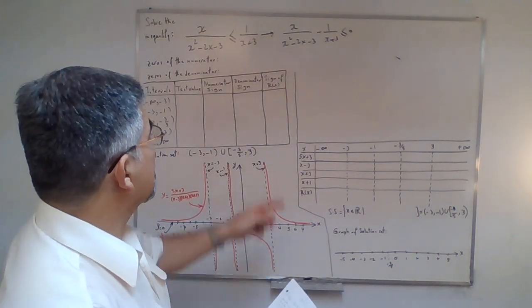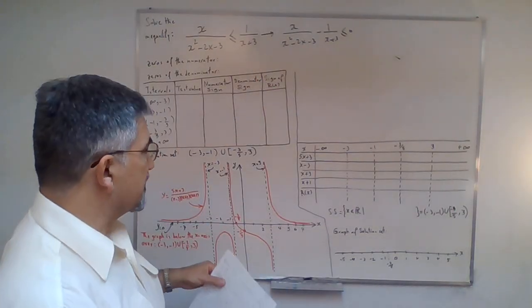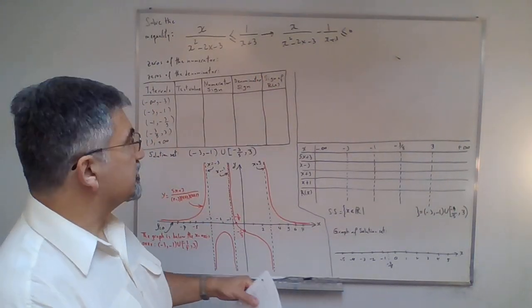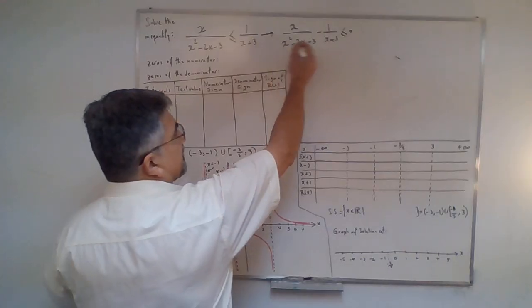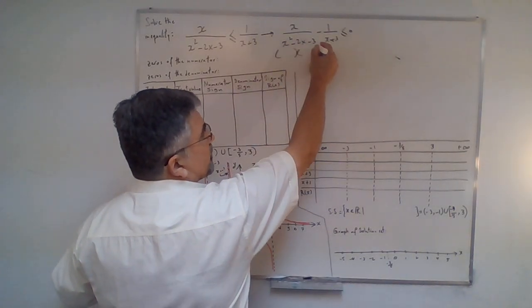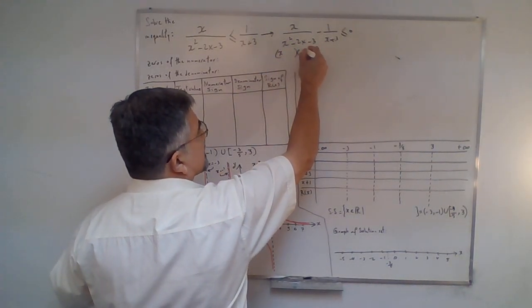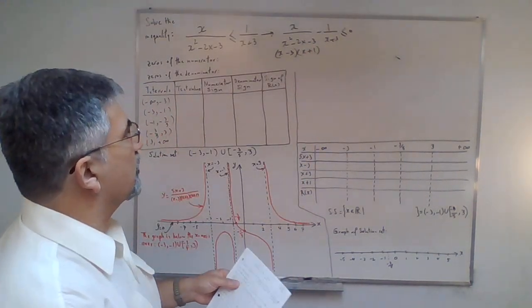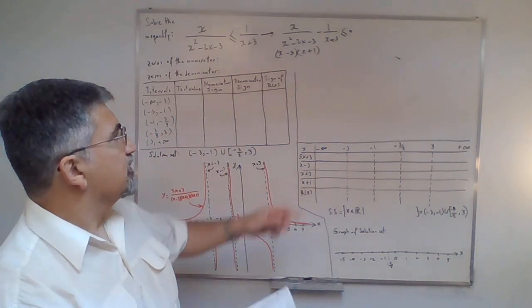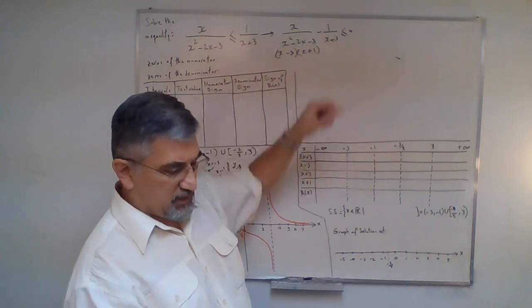So now we have to combine these two rational expressions on the left-hand side by finding the lowest common denominator. And perhaps if we factor this quadratic trinomial, that's going to be x minus 3 times x plus 1. So right away we see that none of these two factors is the same as x plus 3.